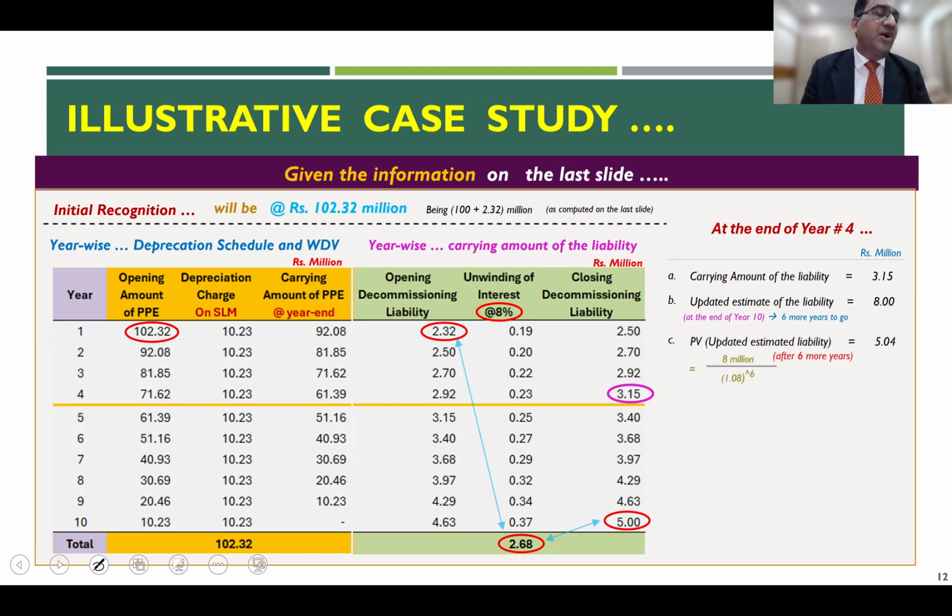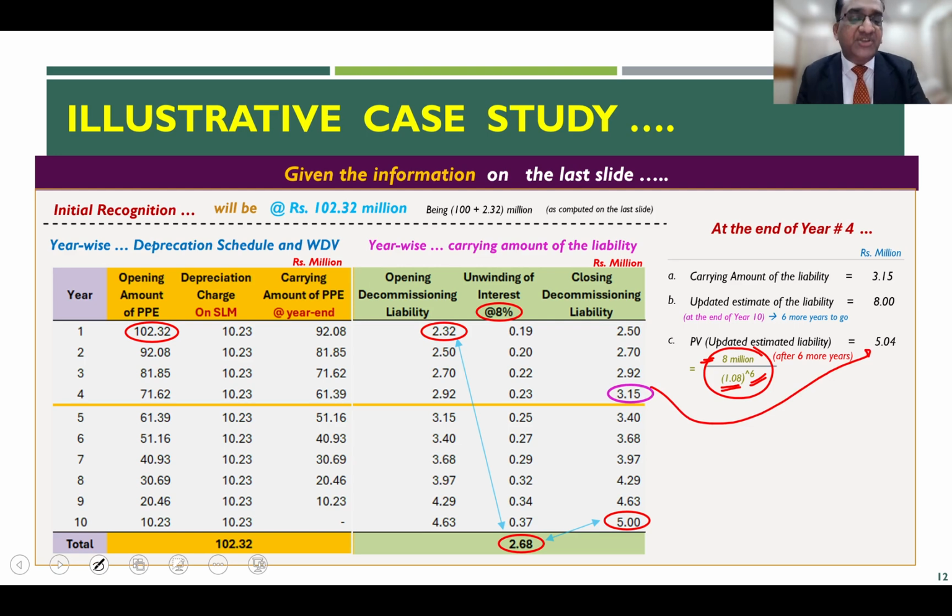So the present value of the updated estimate of the liability will be 5.04. How? 8 million is what you need at 8% and you have 6 more years to go. And therefore, if you solve this, you need this number, not 3.15, but 5.04.